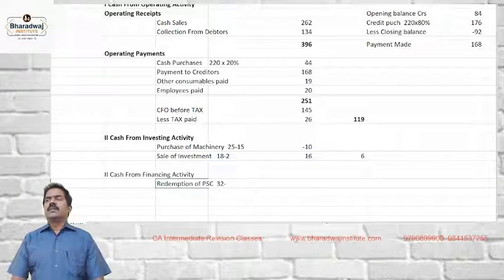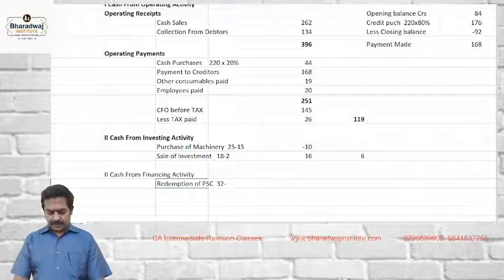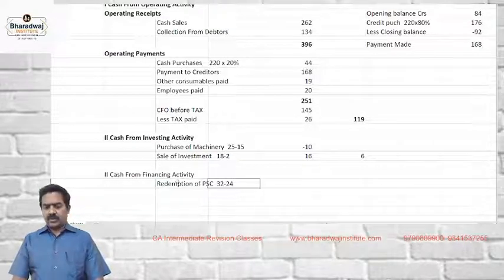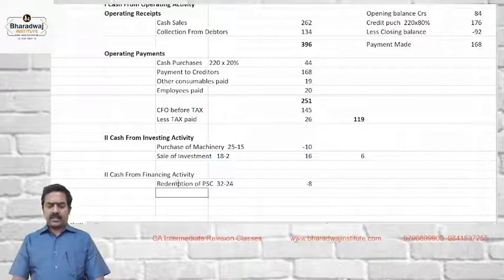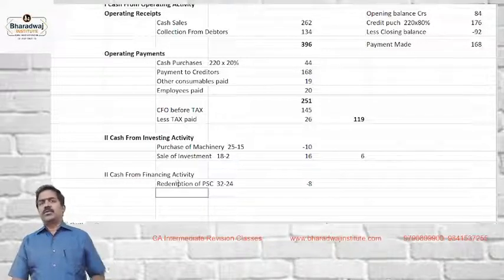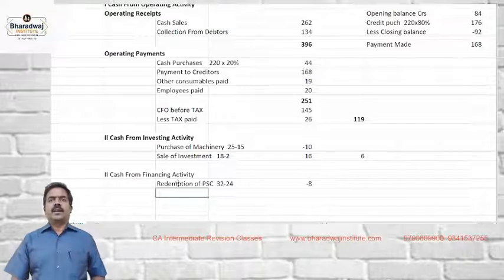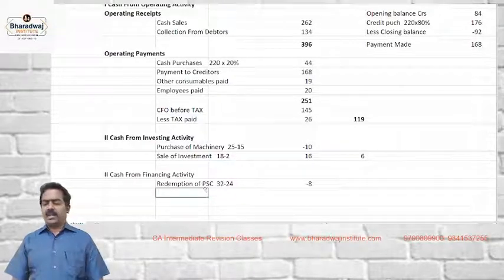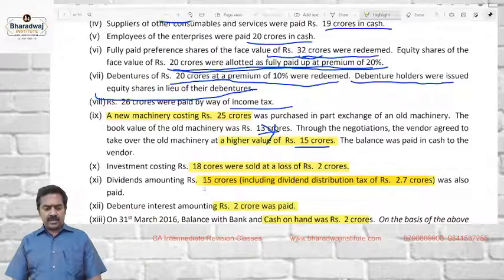Out of that, what is the value of shares exchanged? 24 crores, so you have to pay 8 crores. Then 32 crores you have to pay. Shares are allotted at 20% premium. So balance you have to pay 8 crores in cash.